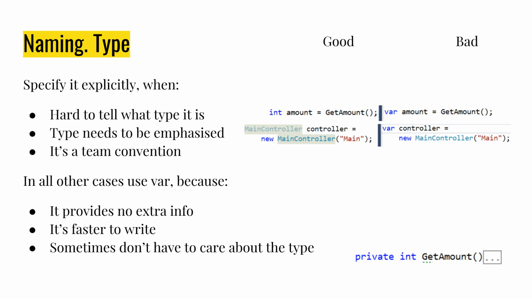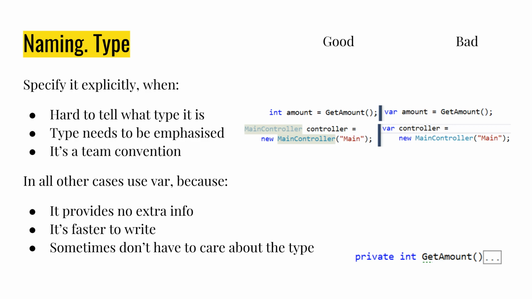Now about the type. C# is one of the languages which lets you explicitly specify the type, or let the compiler decide what it is through the var keyword. And in most cases you should prefer var over explicit type, but there are cases when you would like type to be specified explicitly.